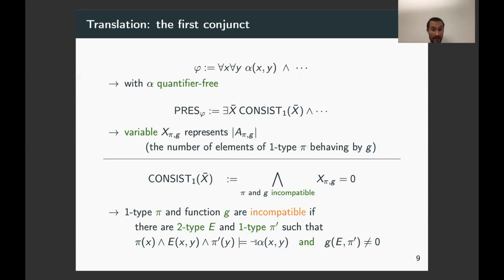Formally, a 1-type and a behavior function are incompatible if there exists some e and pi prime such that the value of g is non-zero, and altogether pi, e, and pi prime imply not alpha. So if they imply not alpha, then g must be zero.